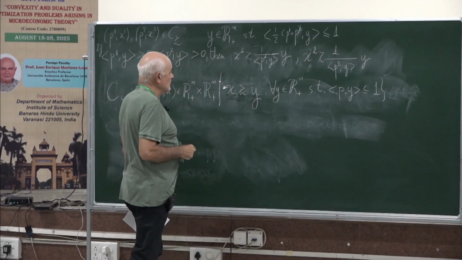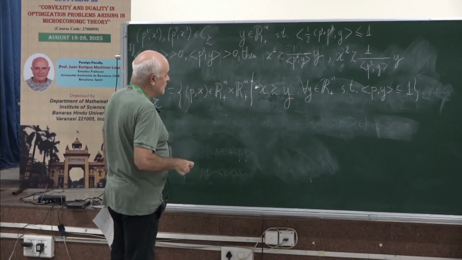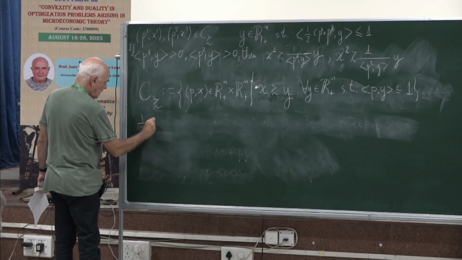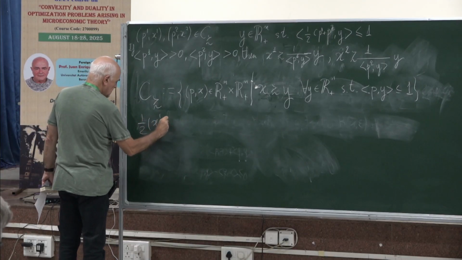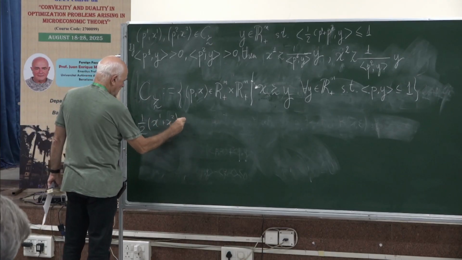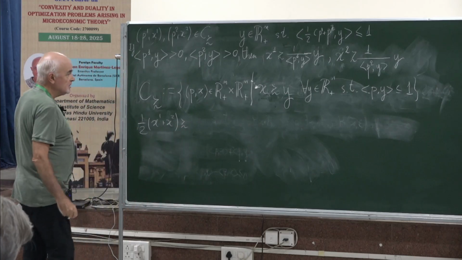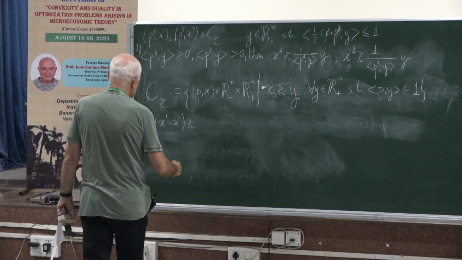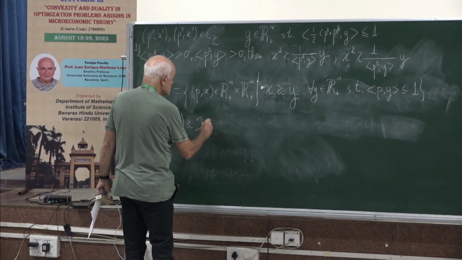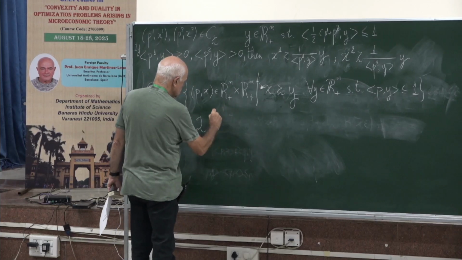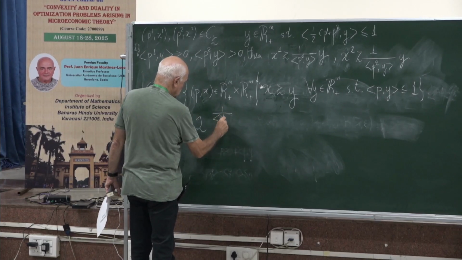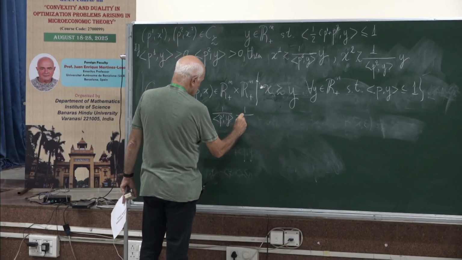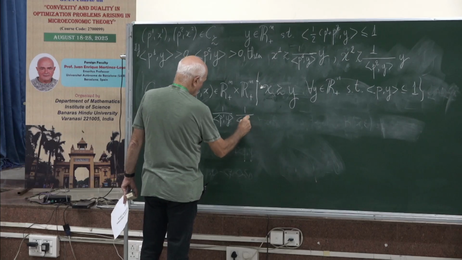Then, because of that property, 1/2 (x1 plus x2) is preferred to twice lambda mu y. Lambda is 1 over P1y. Mu is now 1 over P2y.